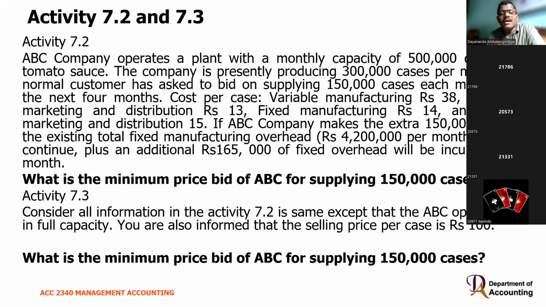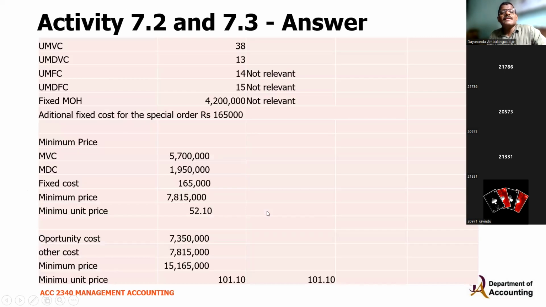So 165,000 is relevant. The variable costs given in the question are variable manufacturing and variable marketing and distribution. The fixed manufacturing 14 and fixed marketing and distribution 15 are, of course, not relevant.